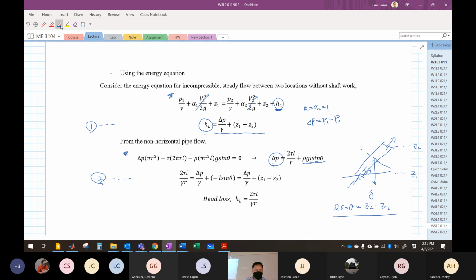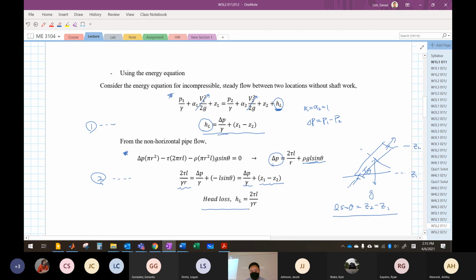Then the head loss here is going to be the pressure drop within the pipe and the height change of the pipe between the two locations.